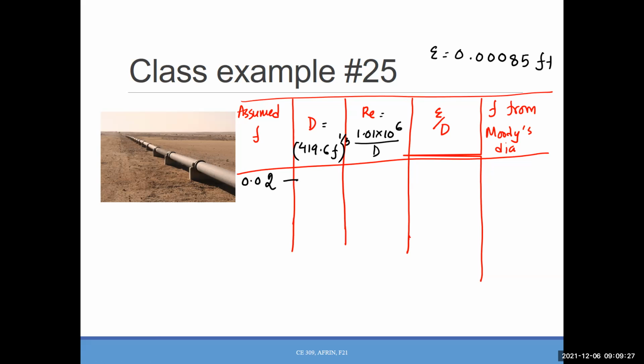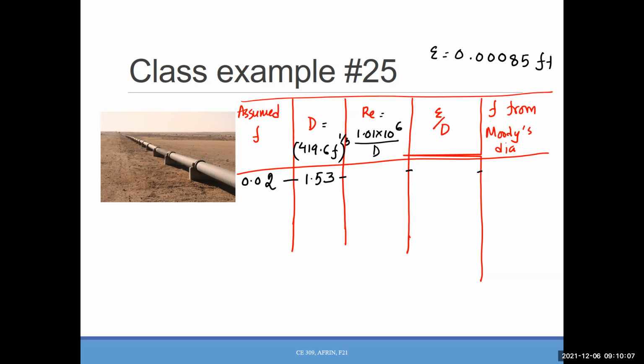So for friction factor F equals 0.02, what will be the diameter, what will be the Reynolds number, and what will be the epsilon over D? Give me those numbers. What number will that be? 1.53.